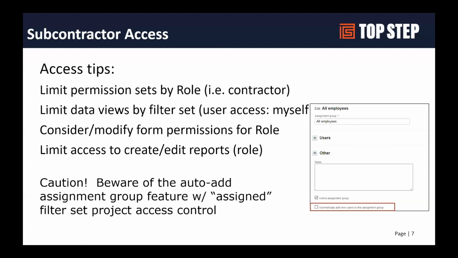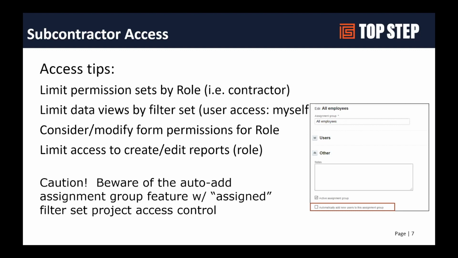A lot of customers get nervous when they start bringing subcontractors into OpenAir. We want to make sure that we are well thought out as to what level of permissions we're going to provide them. Often we'll recommend a contractor role, which is specific to just contractors, which has very limited permissions. They can't really change anything or access anything.